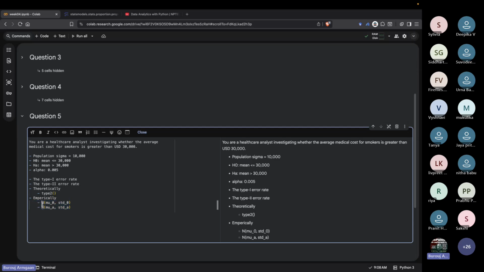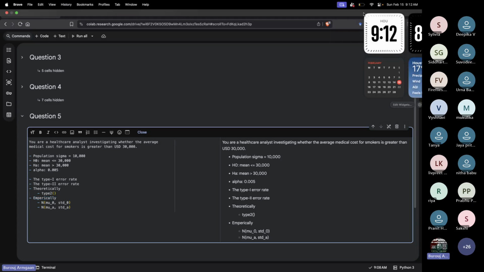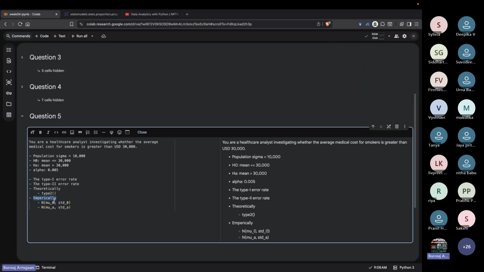This normal distribution, assuming it's on the left hand side, this normal distribution on the right hand side, the overlap between them on the decision parts, that is essentially your type 2 error. Can you do that? So I would like you to think about this, especially the empirical part. You essentially have to sample out these points.